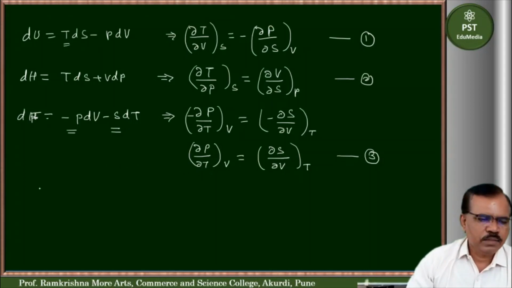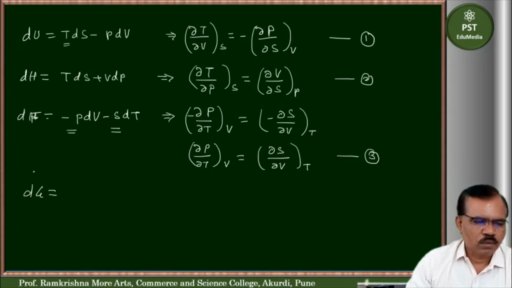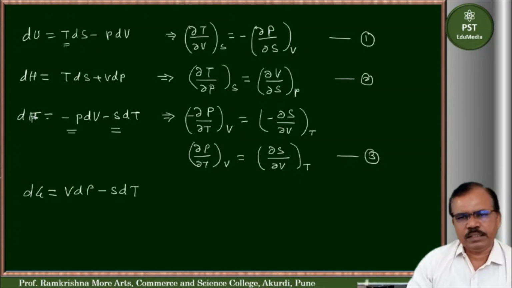And then we have dg is equal to vdp minus s dT.